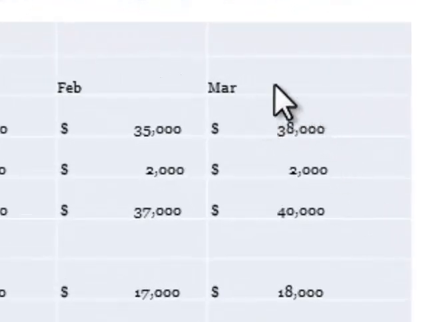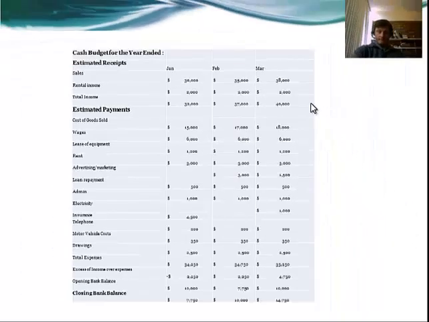Okay, for example, in March we may have had an actual total income of 30,000. So we thought 40 and the actual was 30. Why was that the case? And that must be explained and the budget adjusted accordingly for the future months.